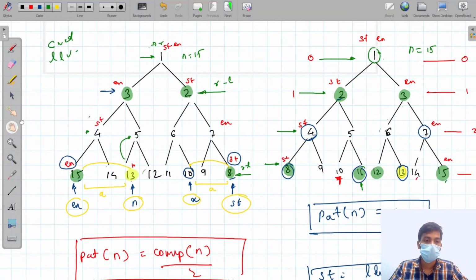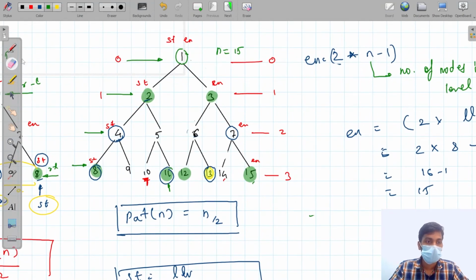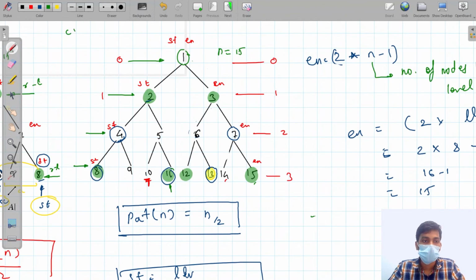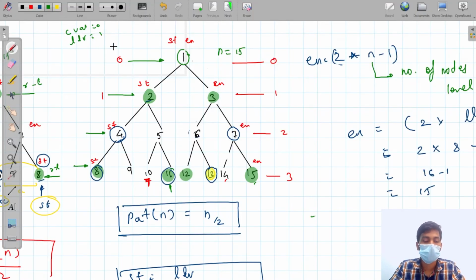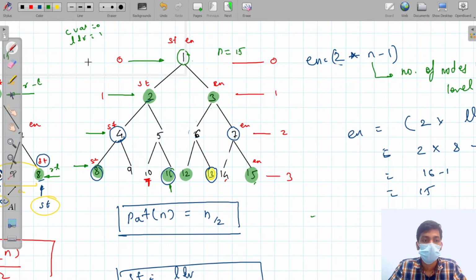If we look at this generalized tree, you will be able to understand more easily. What I'm saying is, this current value is nothing but 0 and last level value is nothing but 1. So using this loop, we are going to see where this given n is going to lie. Let's say first initially it is going to be 0.